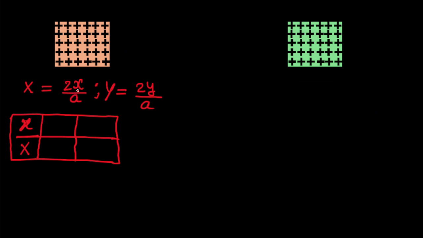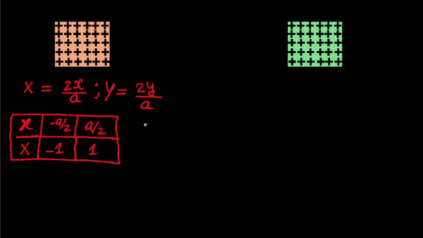If you put minus a by 2 in this equation, capital X equals 2x divided by a, so what you will get is minus 1. So when x equals minus a by 2, then capital X will be minus 1, and when small x equals plus a by 2, capital X will be 1.